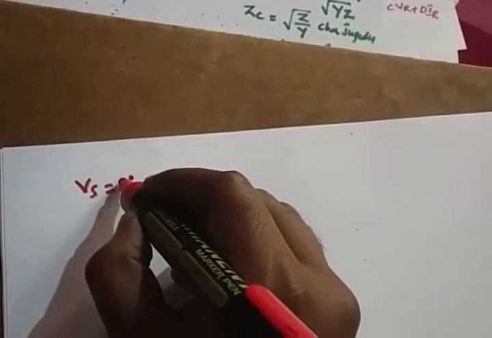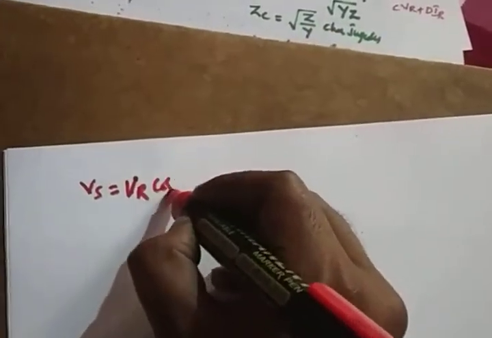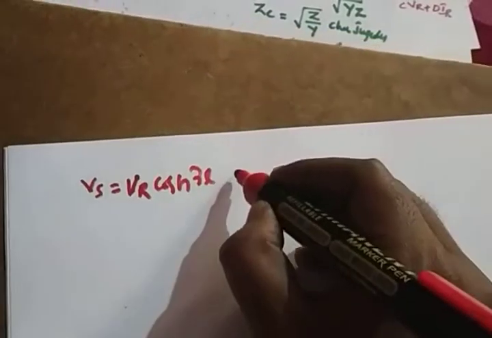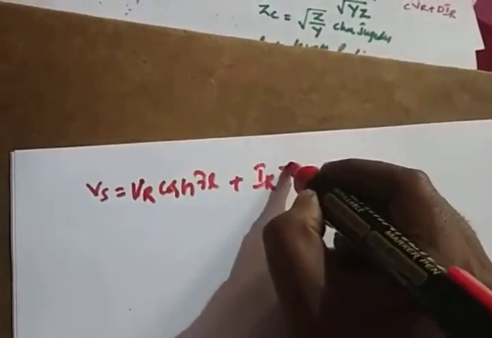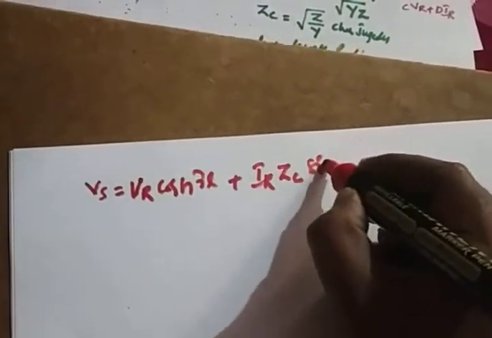In the last session, we discussed how to find the ABCD constants with the help of rigorous methods, and we derived the equations. So what are the equations? I'll write them out here. Vs is equal to VR cosh(γL) plus IR ZC sinh(γL).